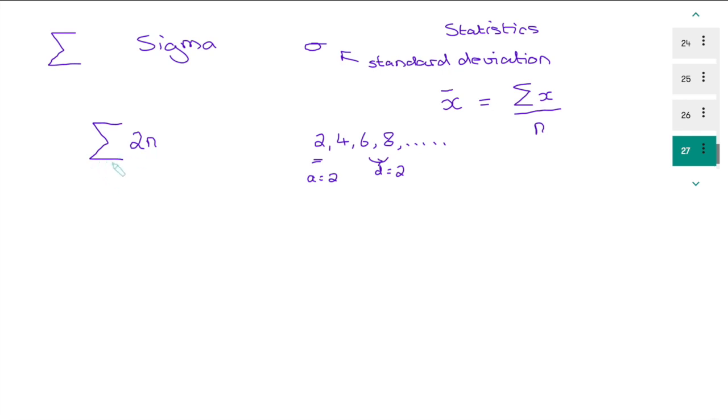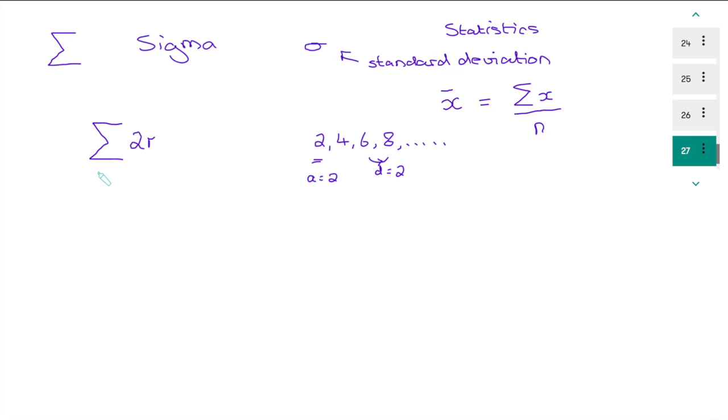But in here, we can tell it exactly where we want it to start. So what we tend to do is, I'm just going to change this away from an n, because you'll see why in a moment. This is going to get confusing. I'm going to change this to an r. Okay, it makes no difference, it's just a number that's representing it. Okay, sigma 2r.